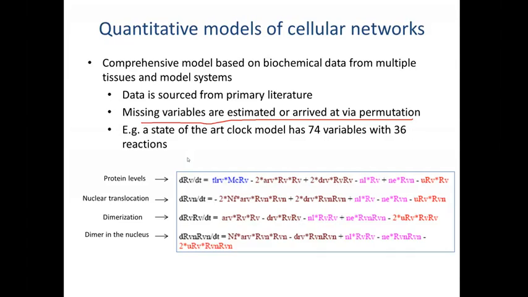Here's an example from a friend and colleague, Danny Forger, an older, state-of-the-art model with 74 variables and 36 reactions, where here's an equation that describes protein levels, here's another that describes nuclear translocation, here's a dimerization process of several of the key components, and here's the location of the dimer in the nucleus. All of these have quantitative algorithmic descriptions that are modeled in software.